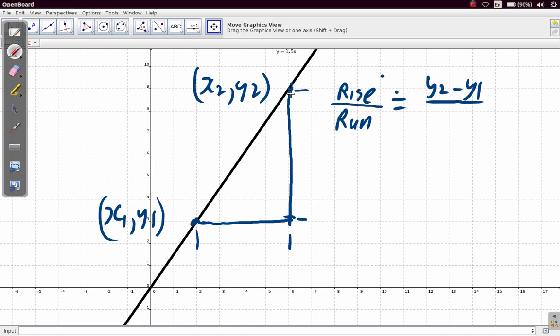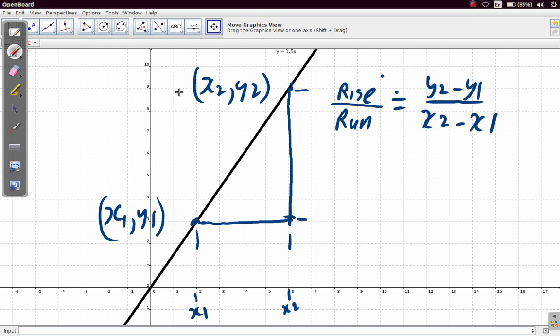Now this x2 would be this here. This is really our x2, and this x1 is really above this value here. This is x1. So the width of the triangle is x2 minus x1. So we have our formula here: y2 minus y1 over x2 minus x1.